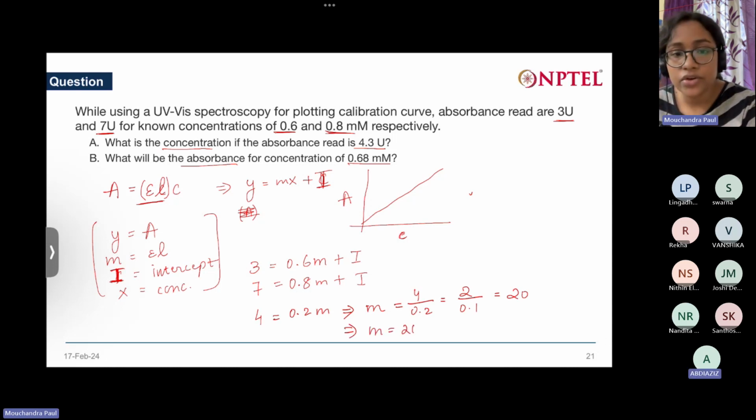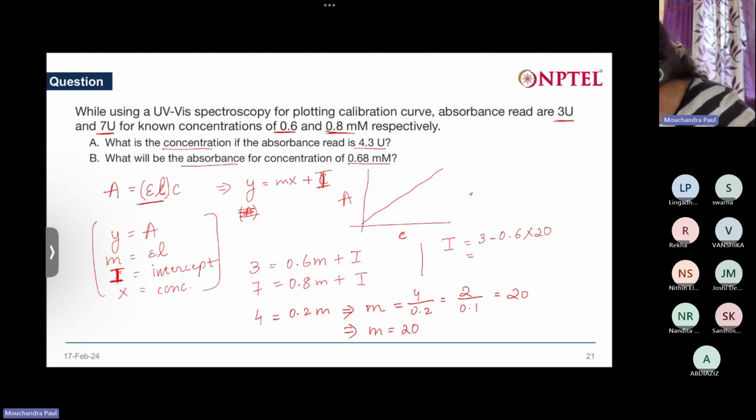Now you have to obtain the value of I. For that, you can use any of these expressions, where you just fit the value of m and get the value of I. So this comes out to be 12, which is nothing but minus 9. So I is minus 9.